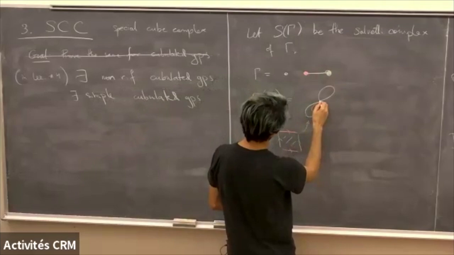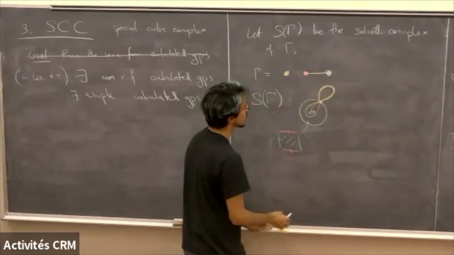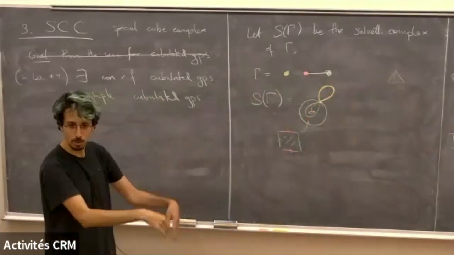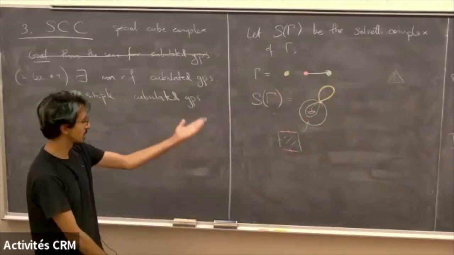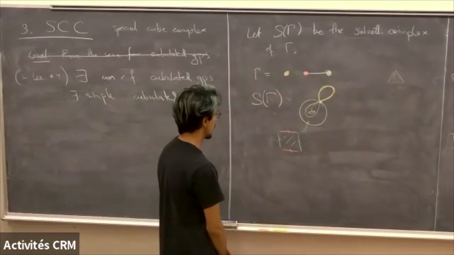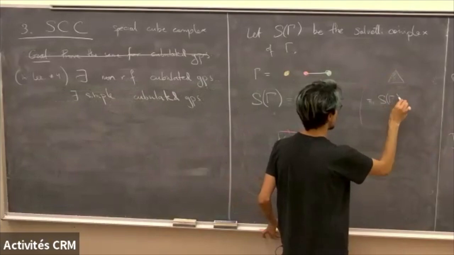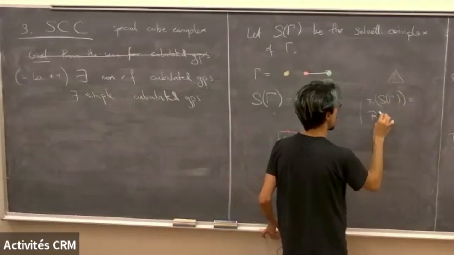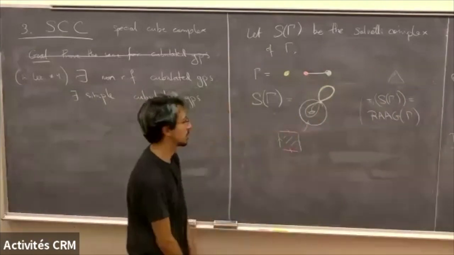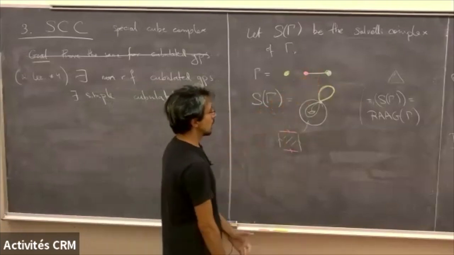I'll get the torus connected. And of course, if you have higher cliques, you can fill in cubes, but focus on the second. Yeah, so just to remind you that pi one of this is the right-angled Artin group corresponding to gamma, the group generated by the vertices with commutation relations captured by that. Okay.